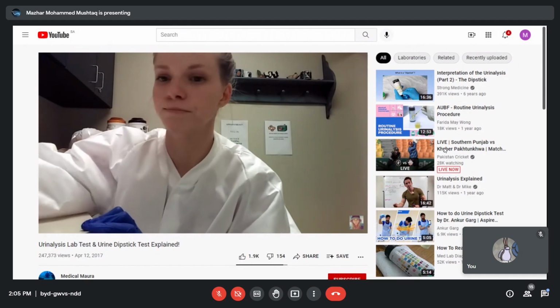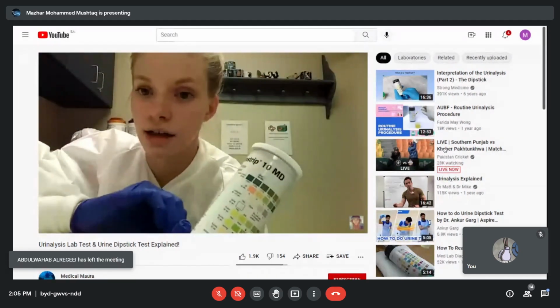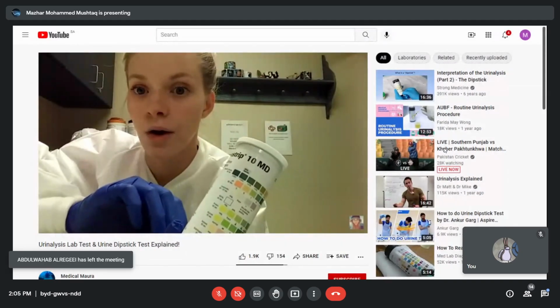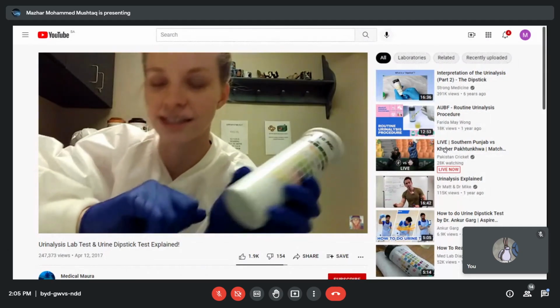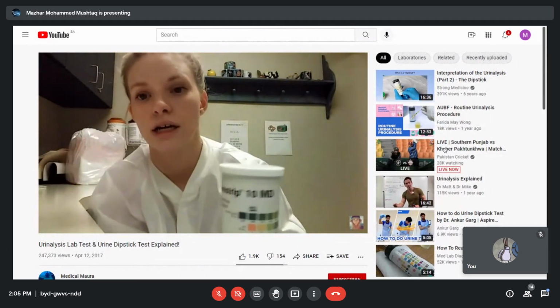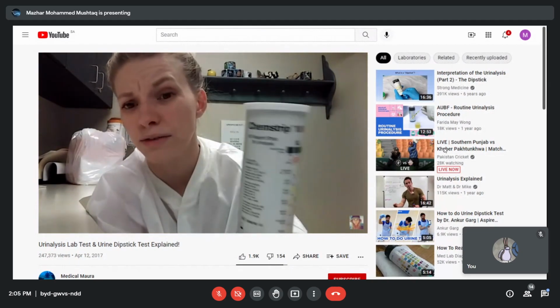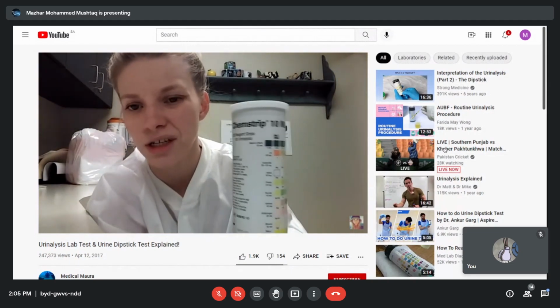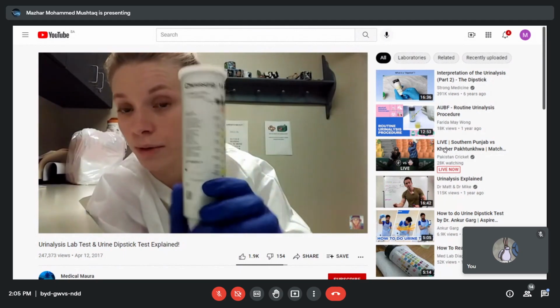But anyway, okay. Now we have instruments that detect the color and decide on the range, how good or bad it is, I guess, the numbers. But originally they held them up. I think they read them after like 30 seconds. I think that's what the instrument does. But compare them to these charts on the bottle.